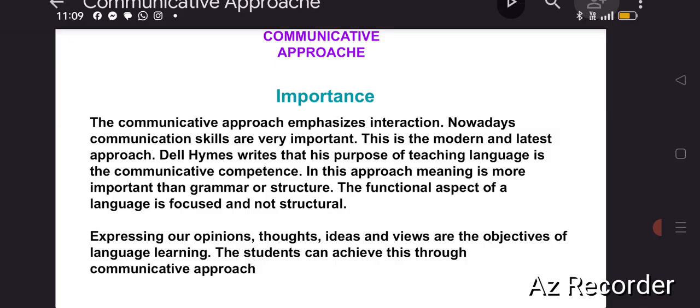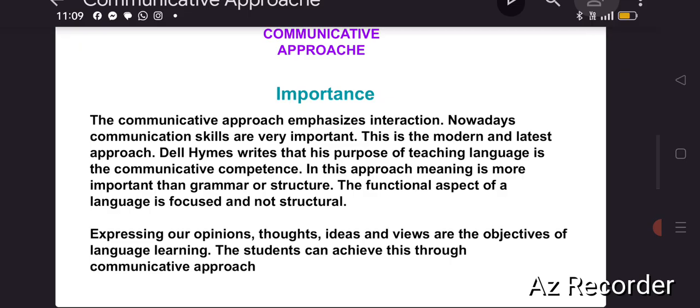Hymes writes that the purpose of teaching language is communicative competency. So in the teaching and learning process, or in the education system, suppose there is no communication, then we cannot express our knowledge to the pupils or to the students.